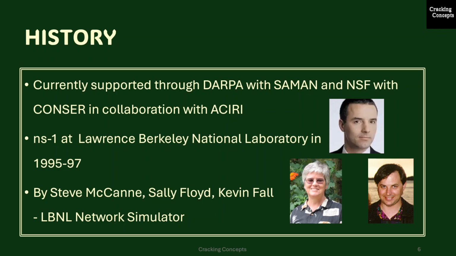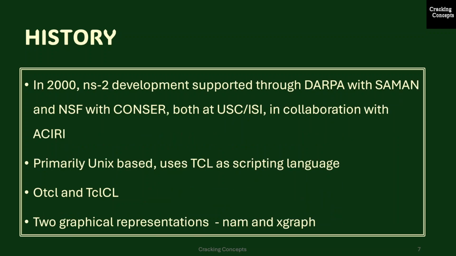This was known as the LBNL Network Simulator. NS2 began as a revision of NS1. In 2000, NS2 development was supported through DARPA with Summon and through NSF with Concert, both at USC/ISI in collaboration with other researchers including ACI-RI.